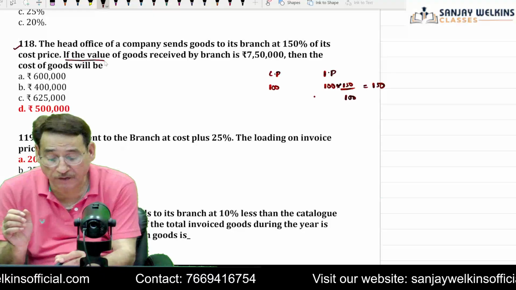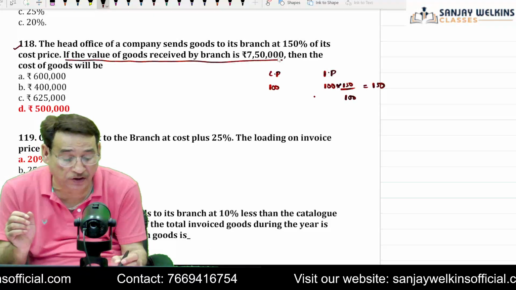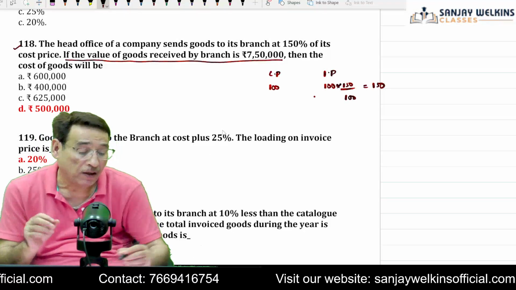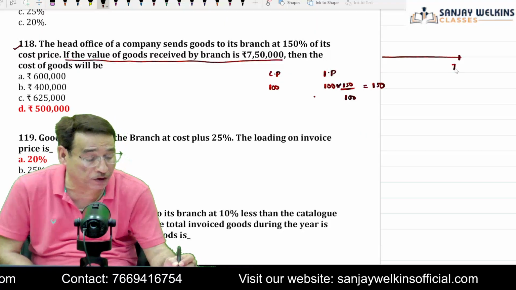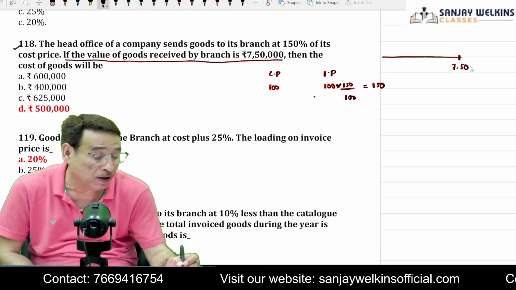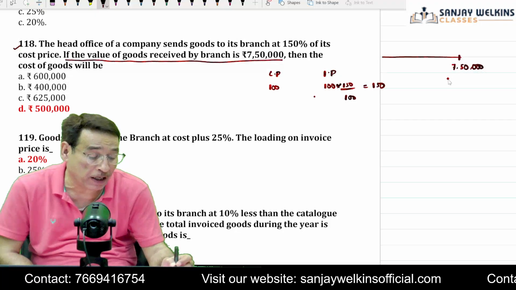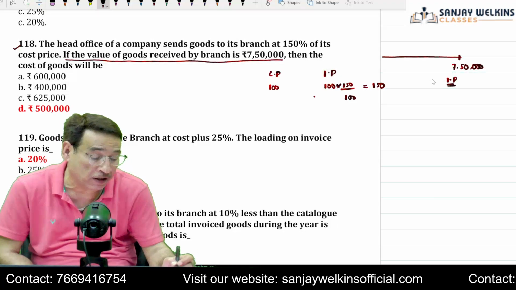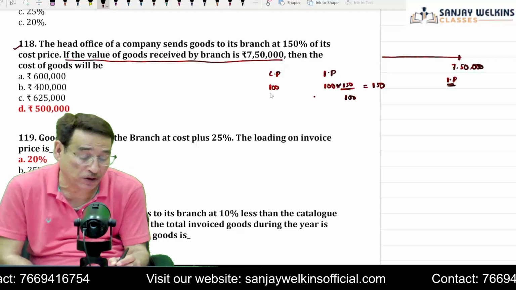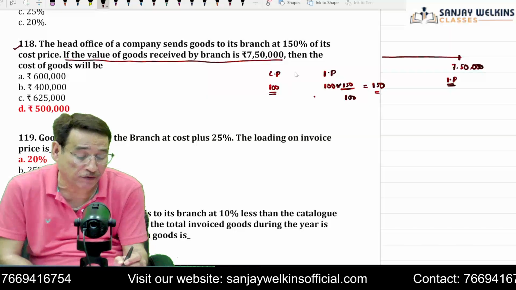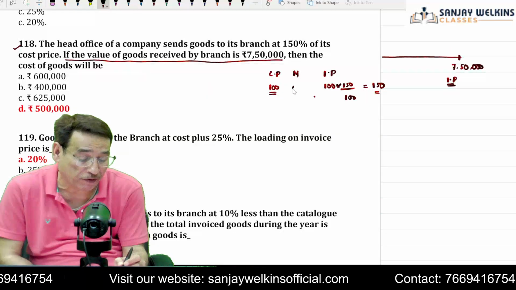Further, it is written if the value of the goods received by branch is 7,50,000. You have sent the goods to the branch, and branch has received total goods worth rupees 7,50,000. These goods must have been supplied at invoice price without any doubt, because it is clearly written in the question that head office sends the goods costing 100 at the rate of 150. That means the margin is actually 50.